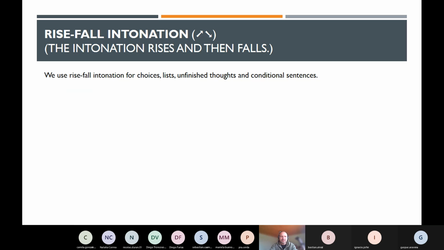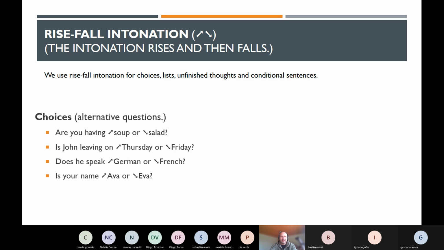So more examples, now this is rise and fall intonation. Rise, fall. The intonation rises and then falls. We use rise, fall intonation for choices, lists, unfinished thoughts, or conditional sentences. Okay.